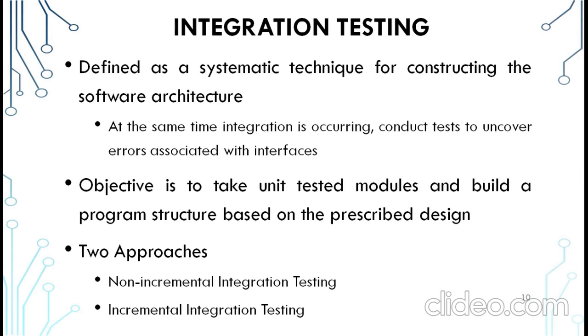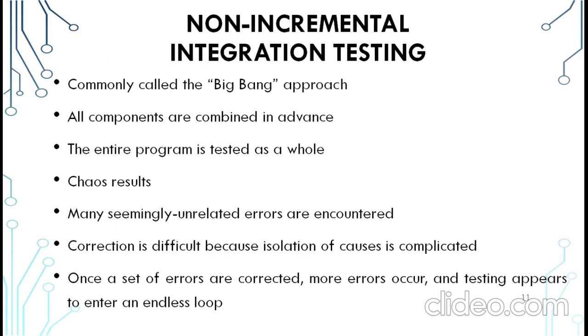So here are the two approaches we use in integration testing. The first one is the non-incremental integration testing. Second is the incremental integration testing. Non-incremental integration testing is commonly called the Big Bang approach, where all the components are combined in advance.